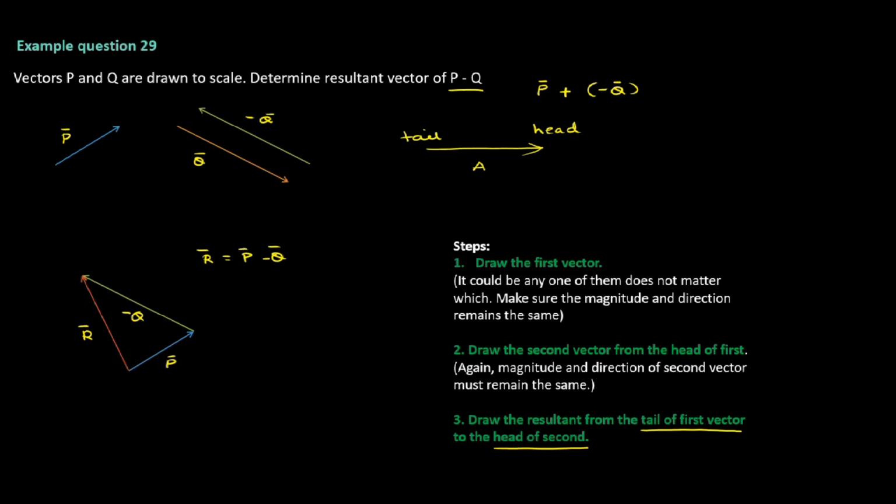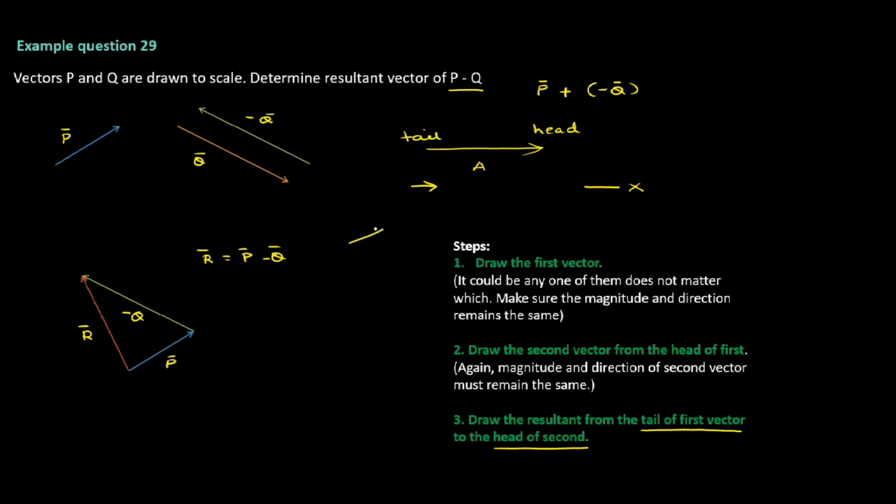When you're drawing these vectors, you have to ensure that each of them is in the form of an arrow. Drawing just a line is not acceptable. You have to draw proper arrows for vector P, negative Q, as well as the resultant. And you have to make sure that the final figure is a closed figure. You cannot draw an open-ended figure.